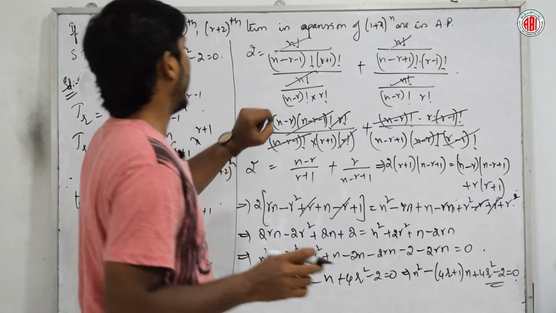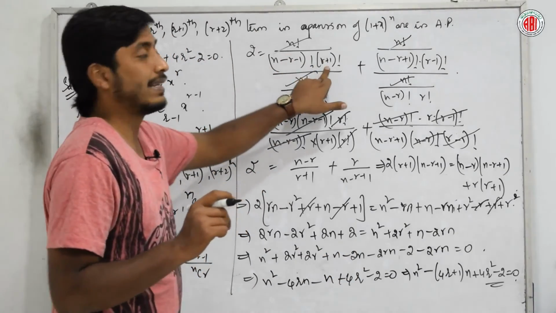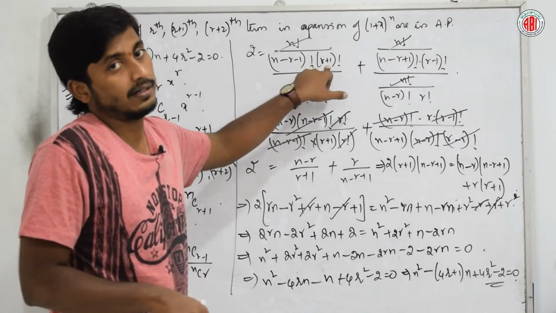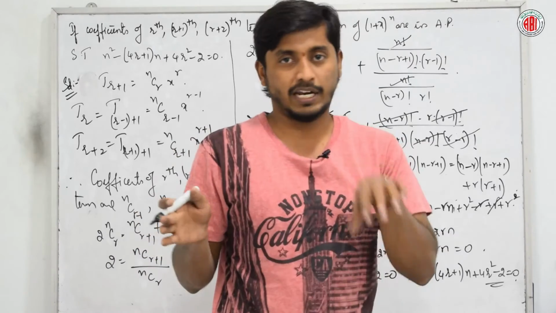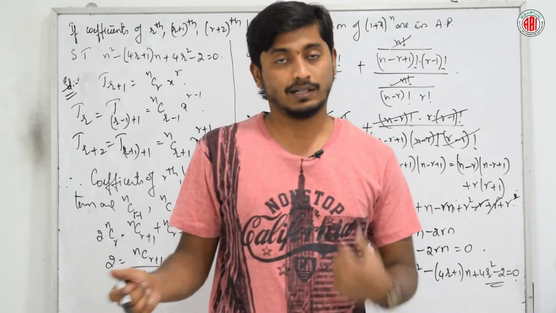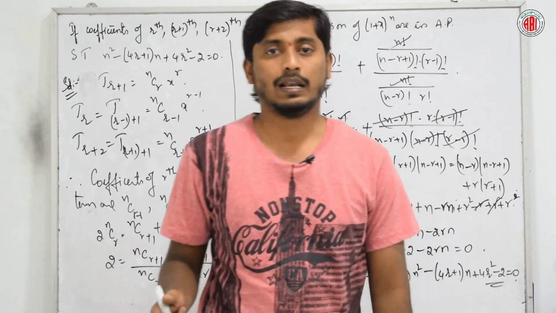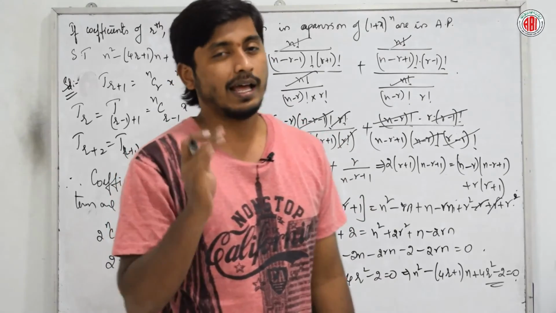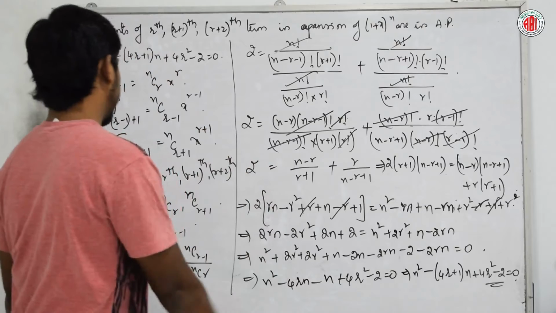Clear? Now, one more focused thing is which has to be cancelled and how to get cancelled. Remember that if it is r plus 1, we will write it as r plus 1 into r. If it is r minus 1, we will reduce it as r into r minus 1 factorial, isn't it? So have that kind of idea so that we can easily cancel the terms.